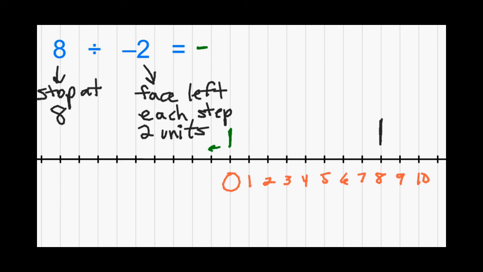So now we need to go 2 units backwards. Each step that we take is going to be 2 units backwards to get to +8. So in walking backwards, we walked backwards 4 steps. So here, our answer for +8 divided by -2 gives us -4.